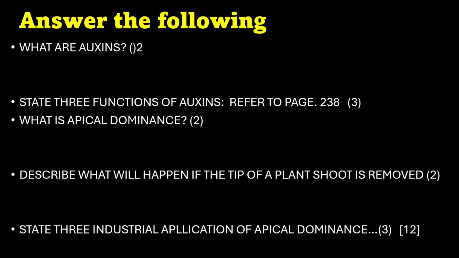Now, describe what will happen if the tip of a plant shoot is removed. When you cut off the top of a tree, the tree will no longer grow taller. It will start producing more branches and more leaves and more fruits. And then, lastly, state 3 industrial applications of apical dominance.